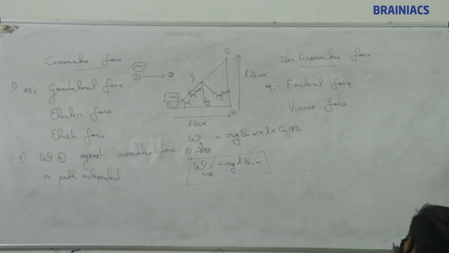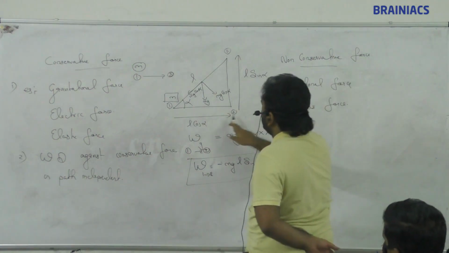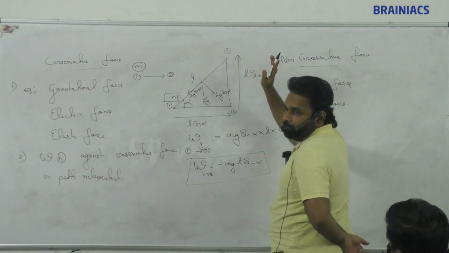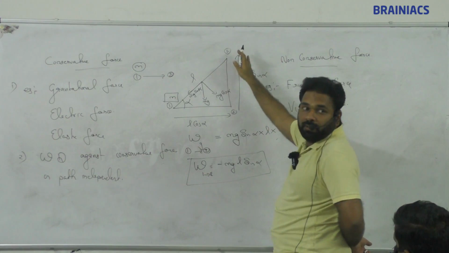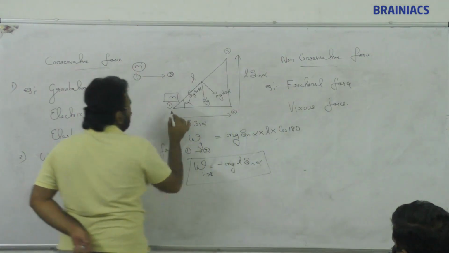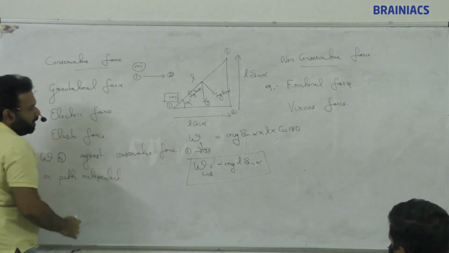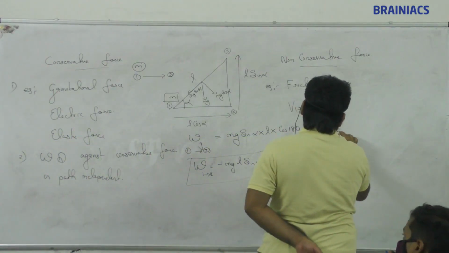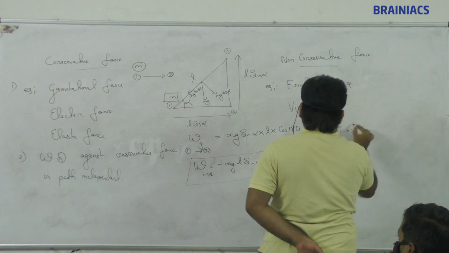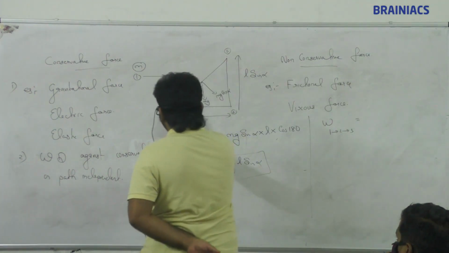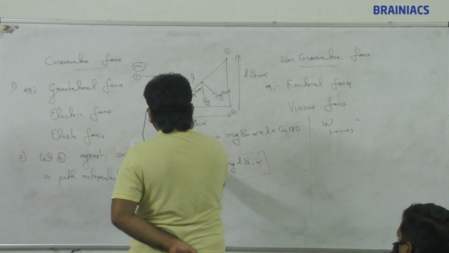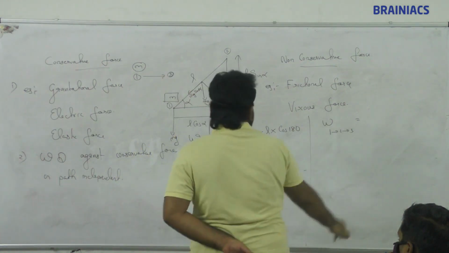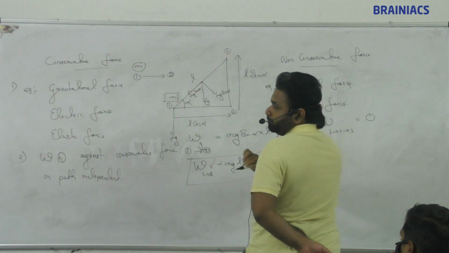Right. Now we will take the path 1 to 2, 2 to 3. So if we take this path, that is the work done from 1 to 2, 2 to 3. mg is acting in this direction, displacement is in this direction, so the first one will be 0.